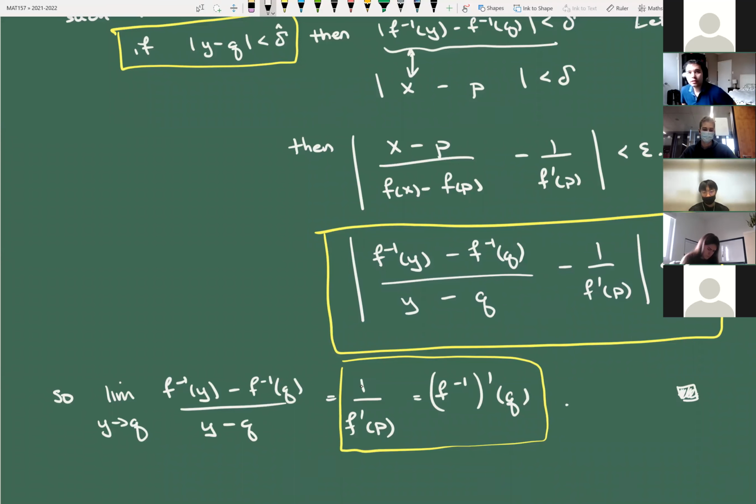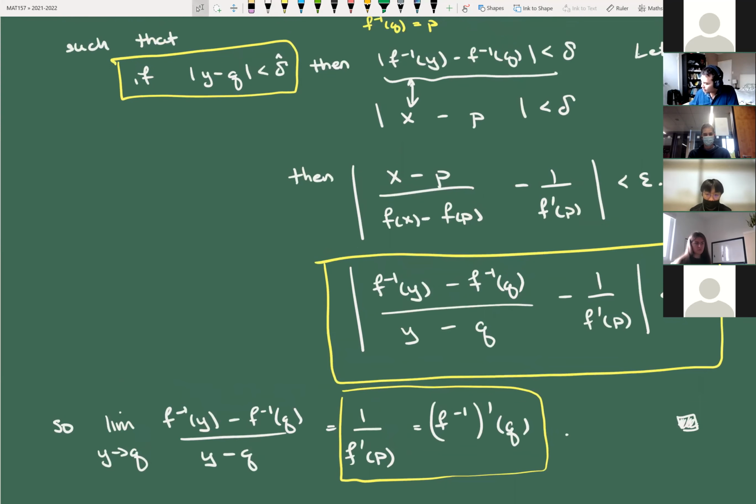And here's the crazy thing. At the end of the day, we didn't do any complex algebraic manipulations. The trickiness here is having to translate constantly between f and f inverses and x's and y's and p's and q's. It's a real nightmare of notation because if you think about the graph of something, I keep jumping between the x-axis and the y-axis.